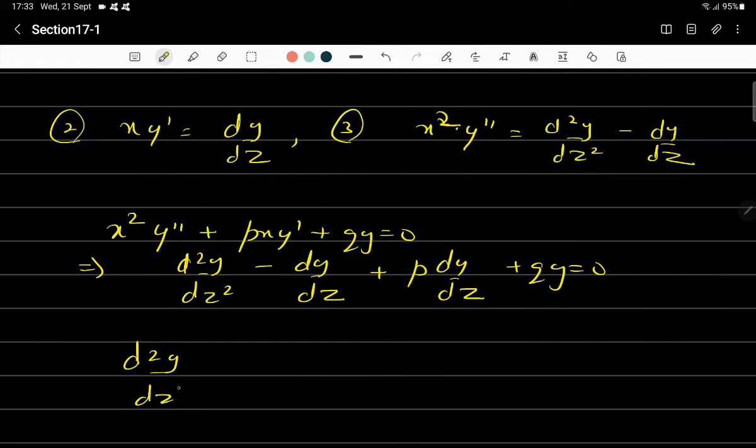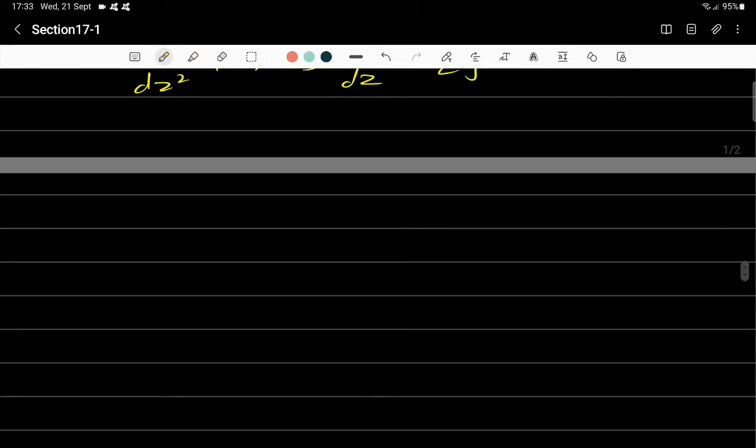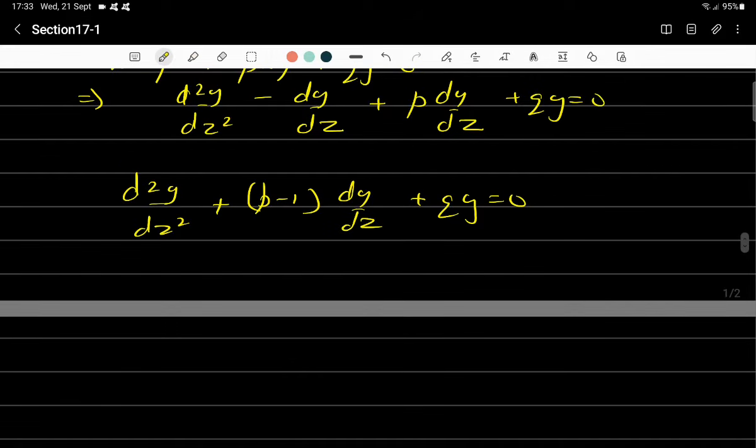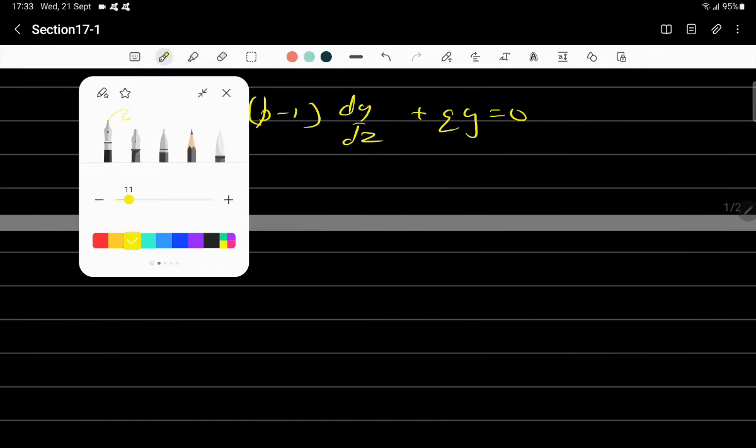It means that the given equation gets transformed into an equation with constant coefficient, which looks like d2y by dz square plus (p minus 1) dy by dz plus qy is equal to 0. So if you can recognize that the given equation is an Euler equidimensional equation, then you can directly transform it by substituting x is equal to e raised to the power z, and then we know how to solve the equation with constant coefficients.